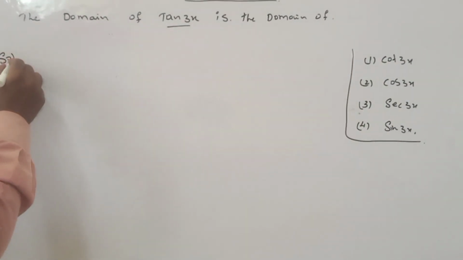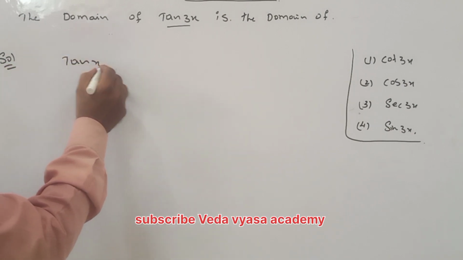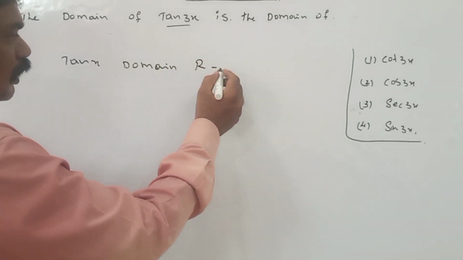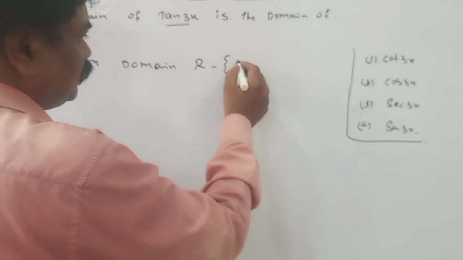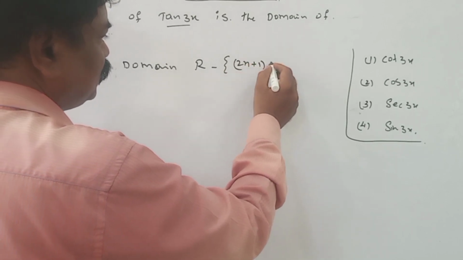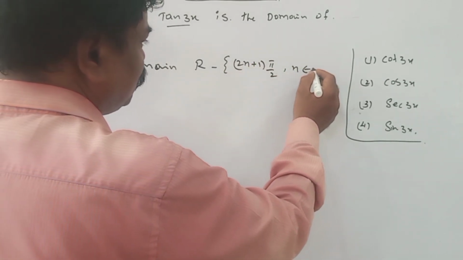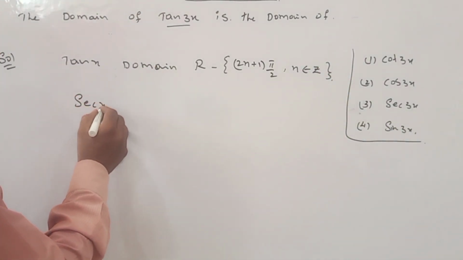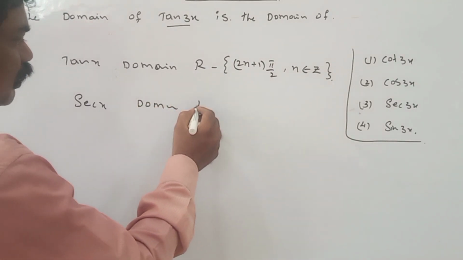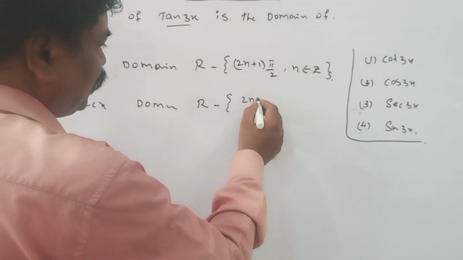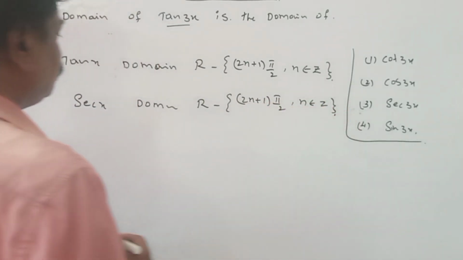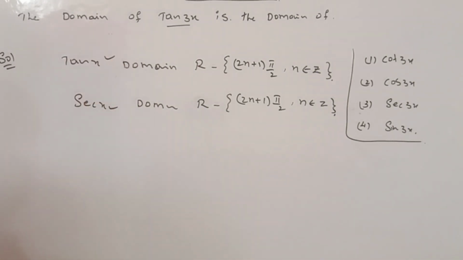So generally tan x domain is R minus the set of (2n+1) pi by 2, where n belongs to Z. Secant x domain is R minus the set of (2n+1) pi by 2, n belongs to Z. Here the tan x domain and secant x domain are the same.